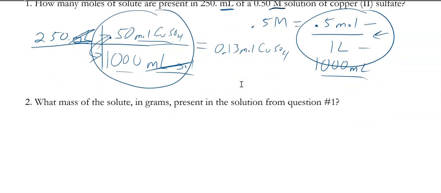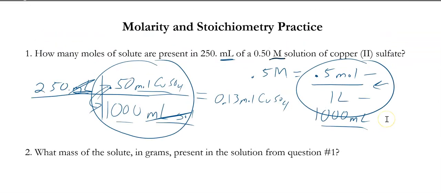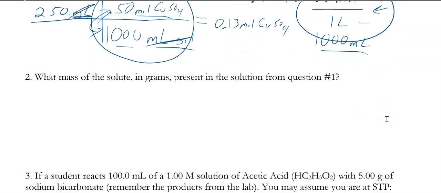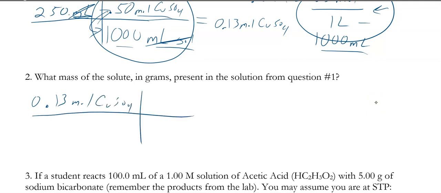Now, the next problem is asking what mass of the solute in grams is present in the solution from above. Well, we already figured out how many moles there were, so we're just doing a simple one-step conversion. If I have 0.13 moles of copper sulfate, I can use the conversion factor, the molar mass.